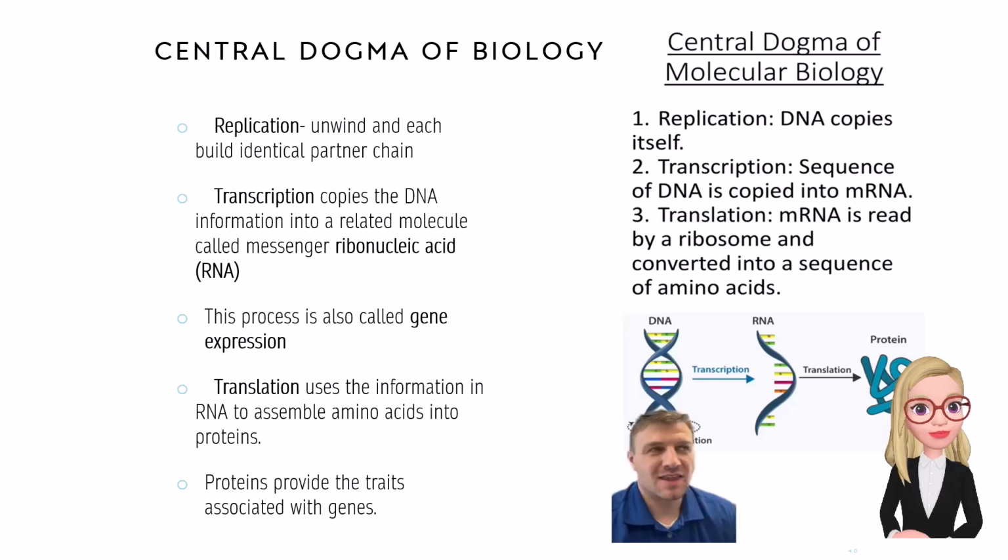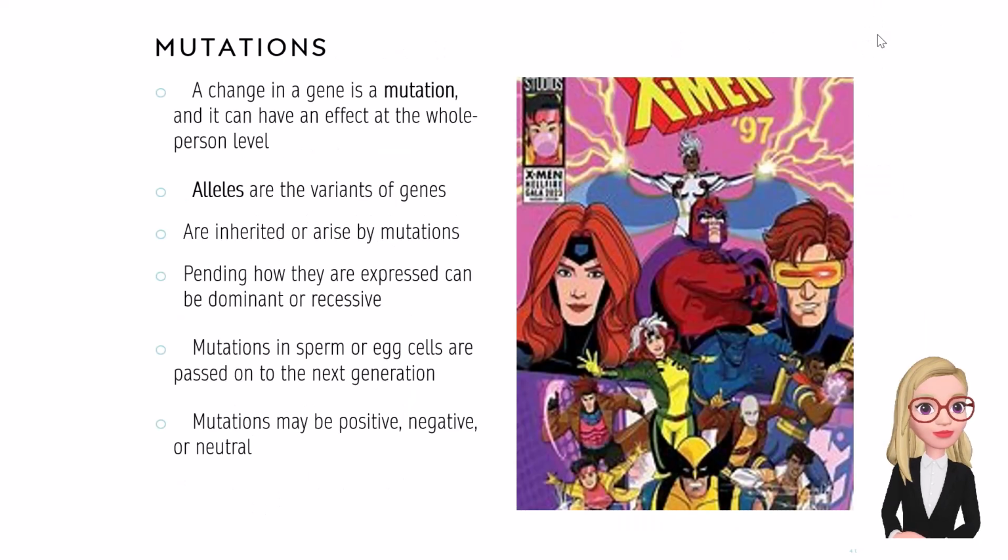Transcription occurs when DNA copies itself into mRNA. Translation occurs when this mRNA sequence is translated into a protein. Both replication and transcription are going to occur in the nucleus because they involve our DNA. Translation, however, occurs at the ribosome because that's where we produce our proteins.